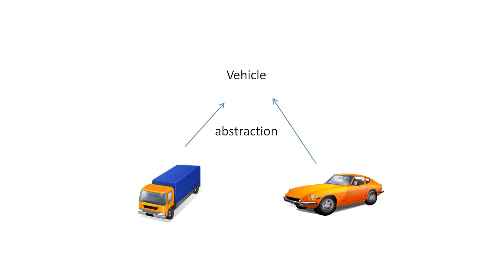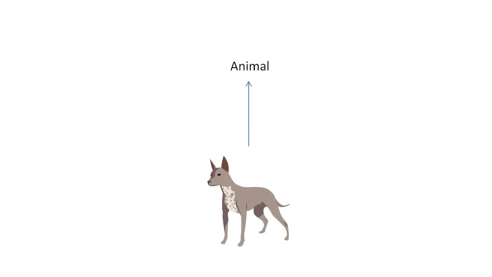So you could say that a vehicle is a higher level description, or an abstraction, of a car or a truck. Now consider a dog. If we take a step back, we could say that our dog is an animal. However, this might be a little too abstract for our purposes, so we're going to use a slightly lower level of abstraction, a pet.